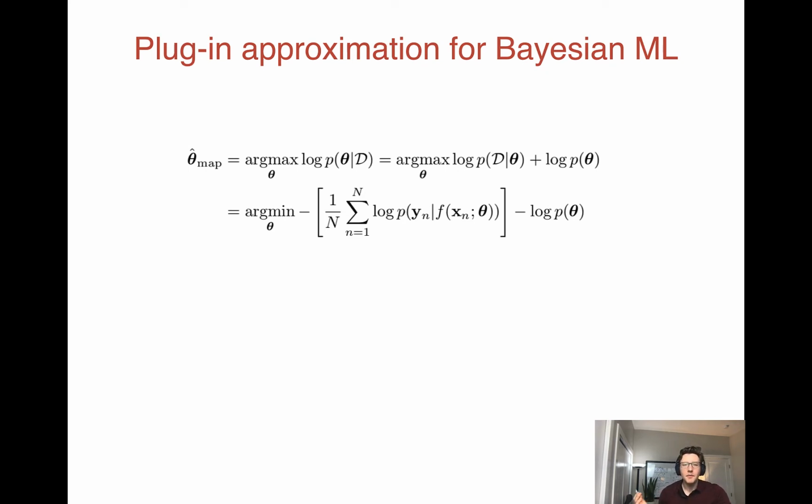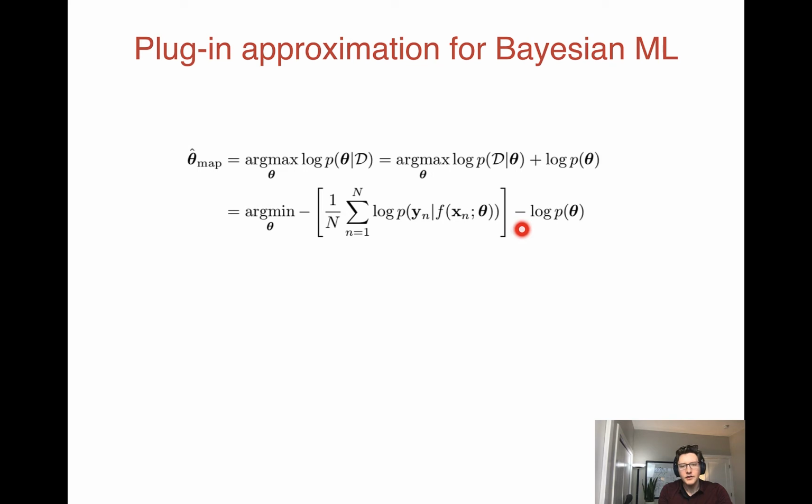And of course, minimizing the negative of something is equivalent to maximizing the thing itself. So usually, all throughout this course and all throughout the literature, you'll see people minimize a negative rather than maximizing a positive. Doesn't matter. You could do either one. This just happens to be what people like to do.